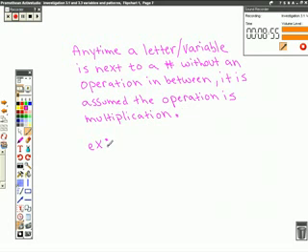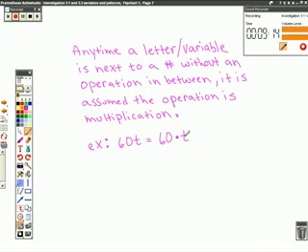So an example would be 60T, which actually means 60 times T. Okay?